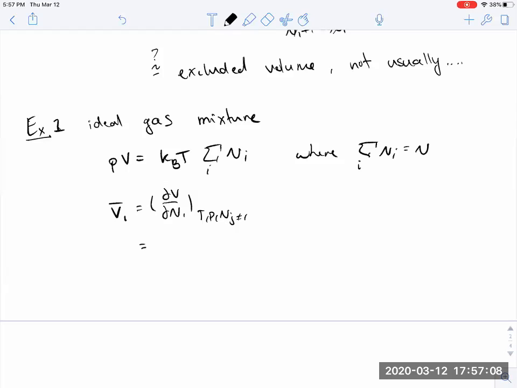Rearranging the ideal gas, that's just kBT over P. From the ideal gas, kBT over P is just what I mean by V over total N. So the partial molar volume of particle number 1 is just the inverse density of the system, which is much, much greater than some molecular size.